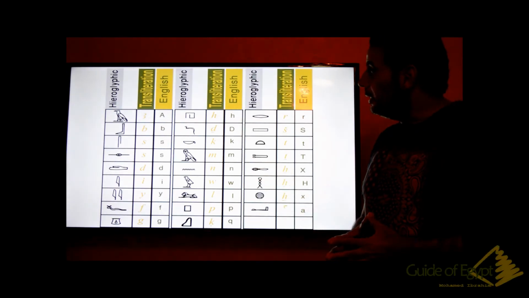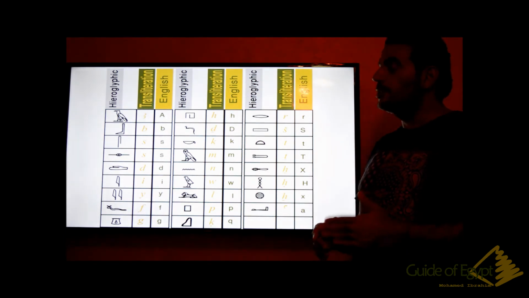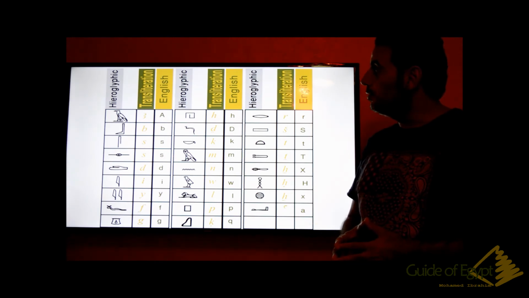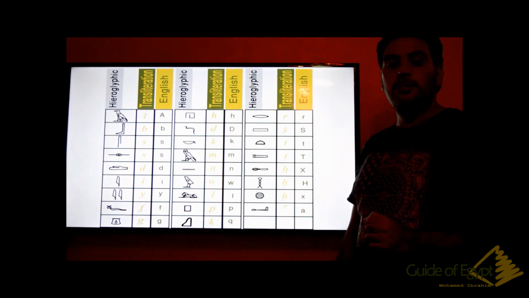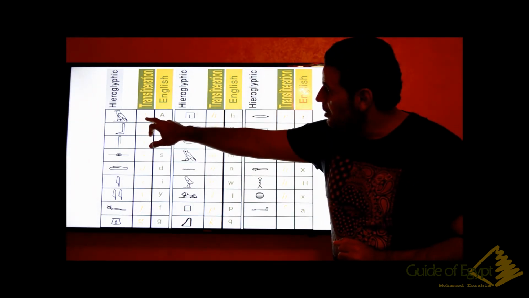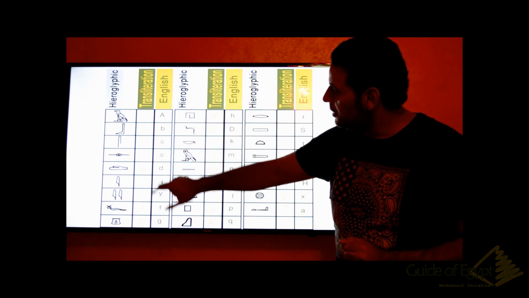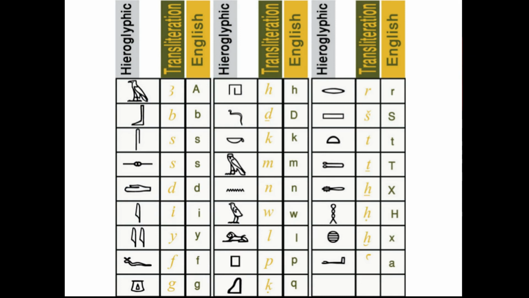When we come to the alphabet, we must understand that when we write the ancient Egyptian language, we use another style of writing. We call it transliteration, to explain the sound of each letter, like this one. This is A, D, B, S, H. Here I want you to memorize each letter, because this is what we're going to use to do our homework during the course.